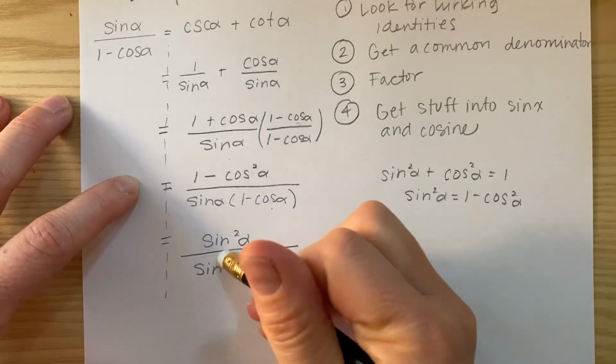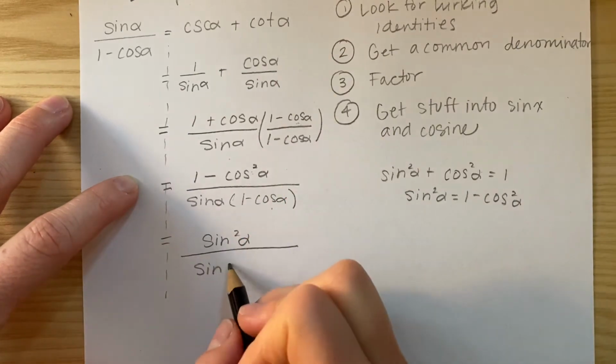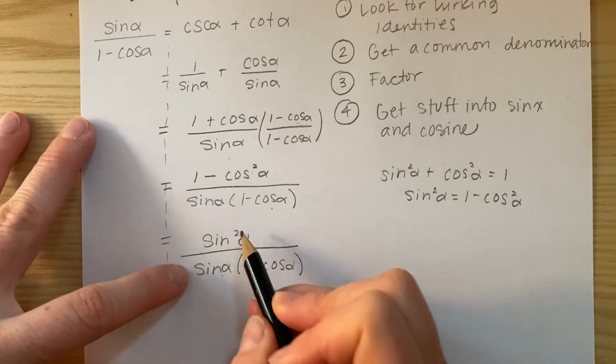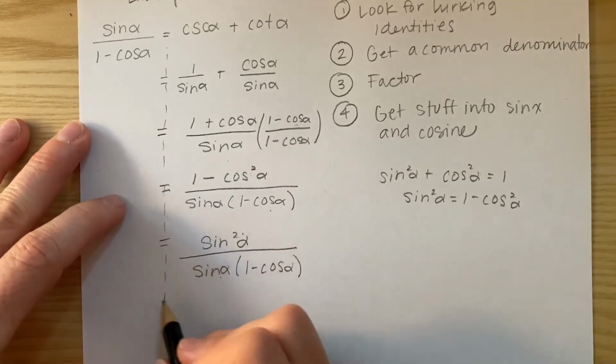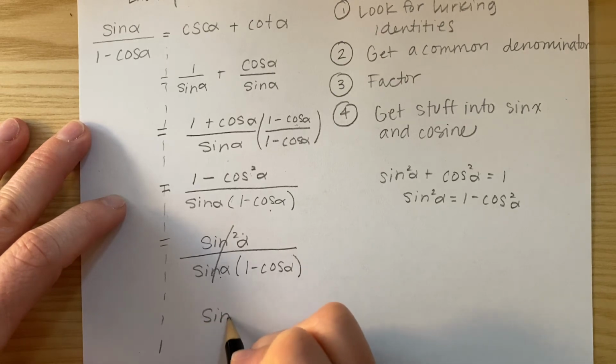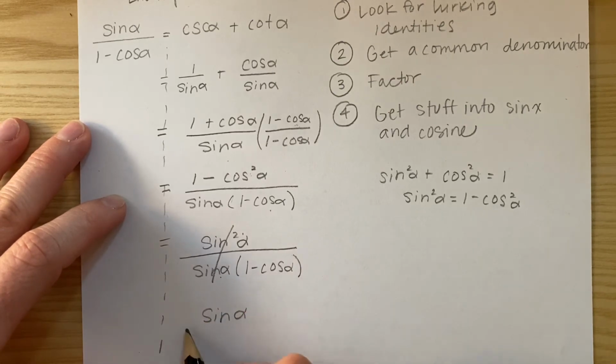Oops, I said it right, but I wrote it wrong. Now look at this, sine over sine, or sine squared over sine. There's some canceling that we can do. We're left with the sine alpha in the numerator, and in the denominator, we've got 1 minus cosine alpha.